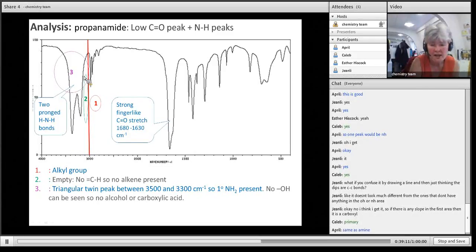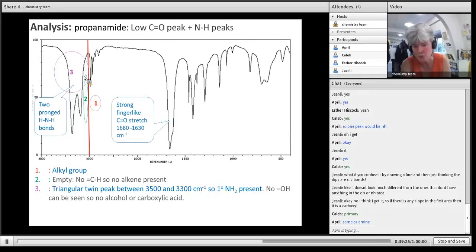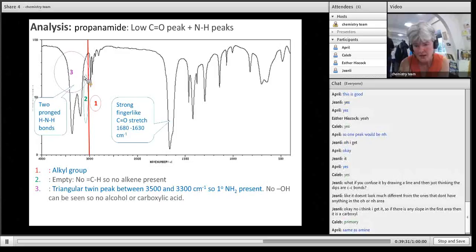So is it a primary amide? By that I mean, is it an NH2 group or is it an NHR group on the primary? So I'll have a C double bond O NH2. It won't be a C double bond O NHC something or the other. Say like your amides that you did in organic chemistry, the reactions where you made polymers and you did the peptide link.